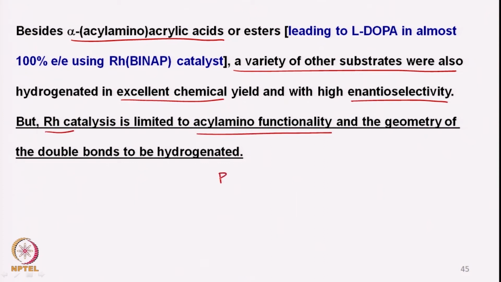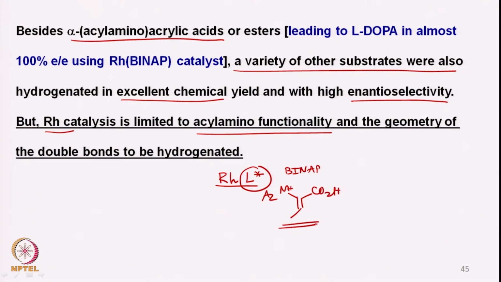Basically, rhodium based catalysts having different ligands, particularly the kind of ligand that Knowles used or BINAP, were used, and therefore the molecules hydrogenated were this enamide type, which were very useful for the synthesis of L-DOPA.